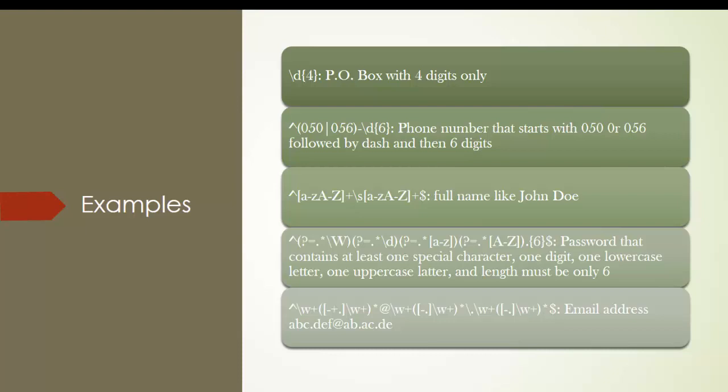For example, here I want to check if the password contains at least one special character, one digit, one lowercase and one uppercase, and the total length of my password should be 6 characters only. So I would do it this way. I will start one by one.